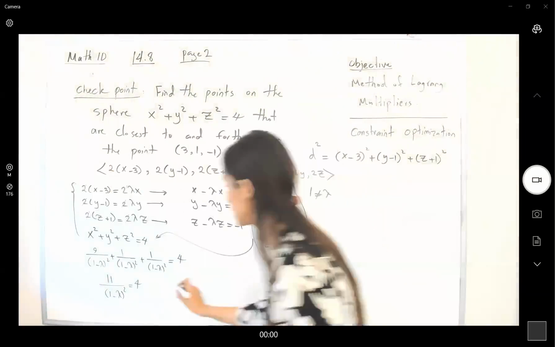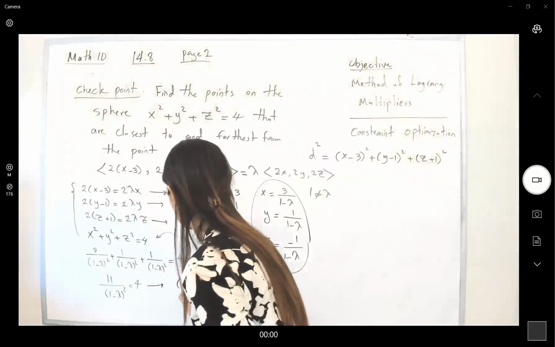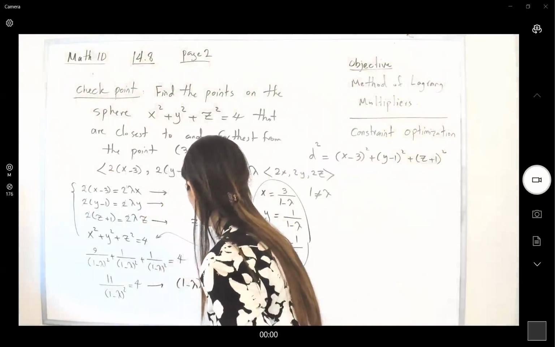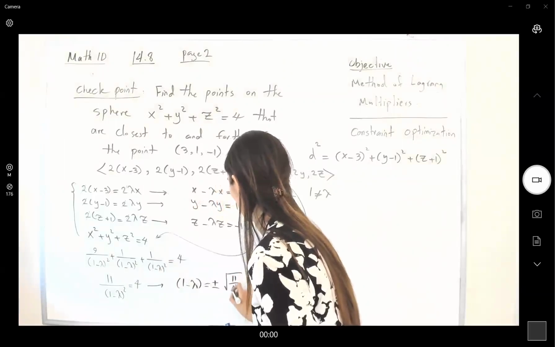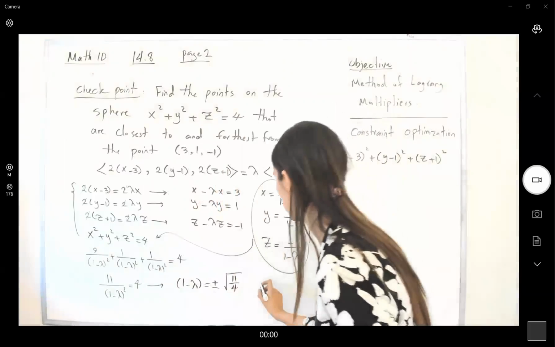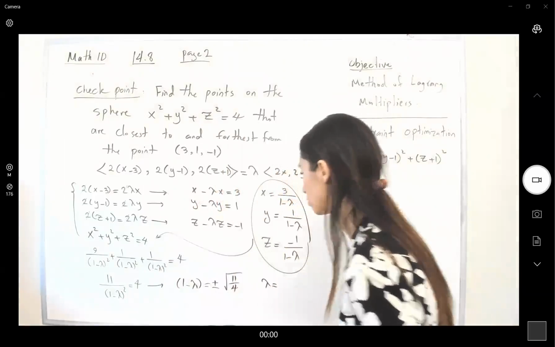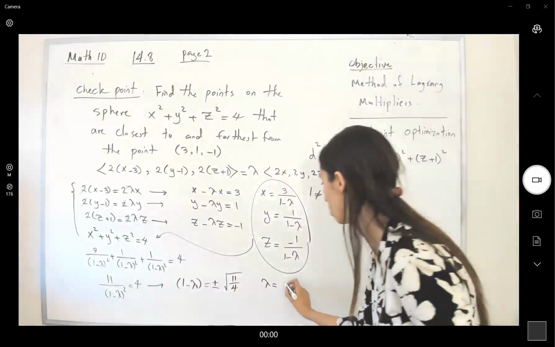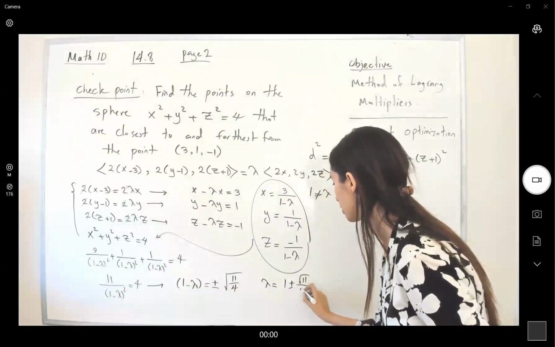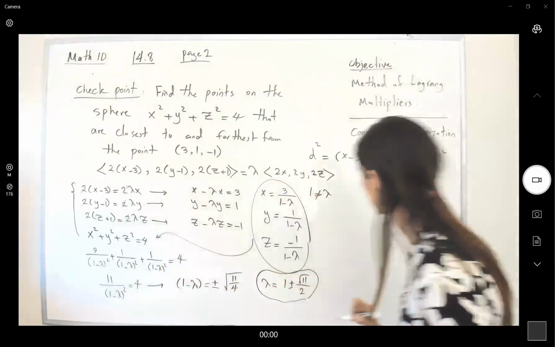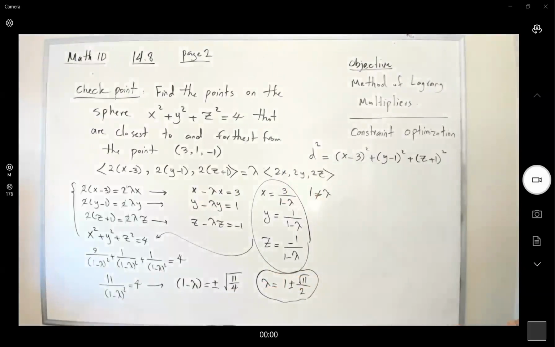What's the meaning of that? It means that 1 minus lambda is equal to plus or minus the square root of 11 over 4, or your lambda is equal to, so we have two values for lambda. Lambda is equal to 1 plus or minus square root of 11 divided by 2. We found two values for our lambda.